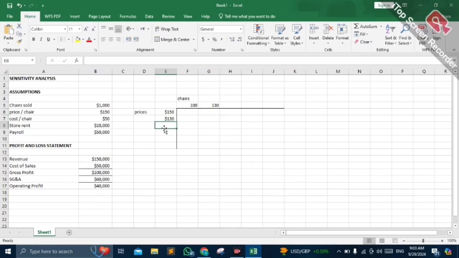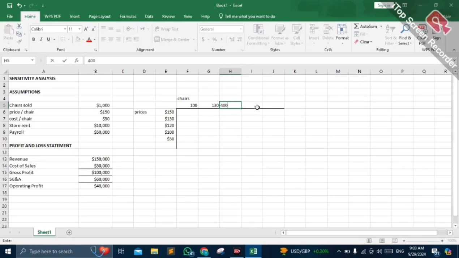Then let's say we decrease it more to $120, and let's add a few more values, like $100 and $50. Let's say we had a sale and we decided to reduce it to $50. On $120 we sold around 400 chairs.